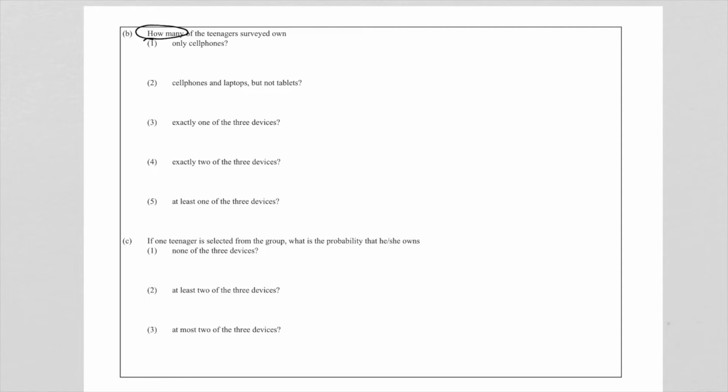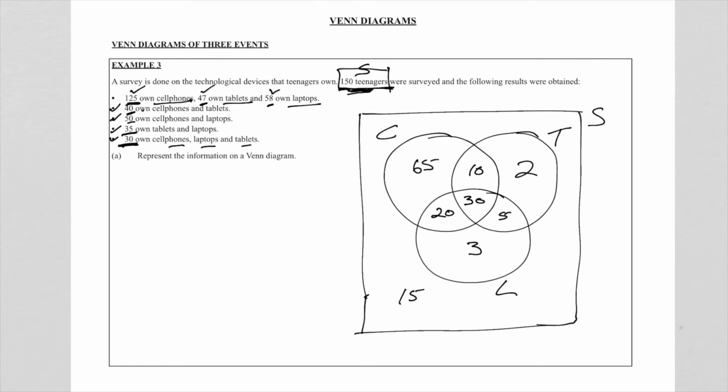So where do we get cell phones only? If I go back to the Venn diagram, you will notice that this whole thing represents cell phones. But we want cell phones only, and I hope you agree with me, that will be the 65.